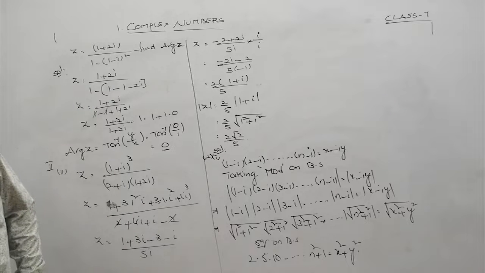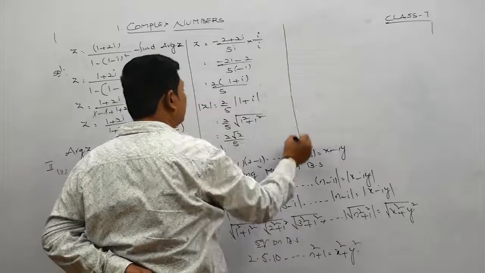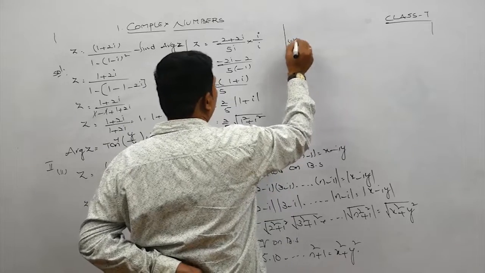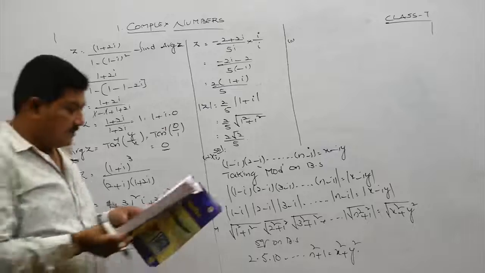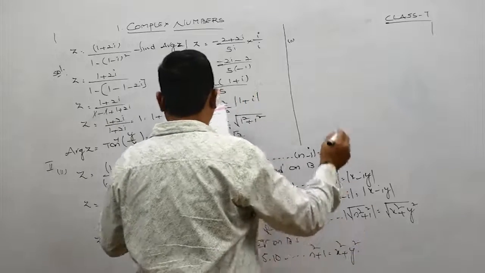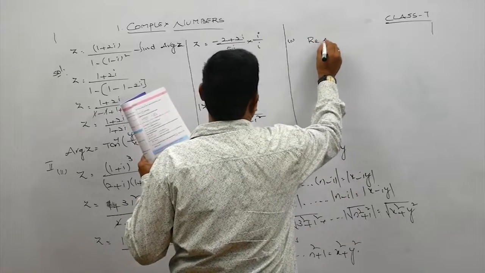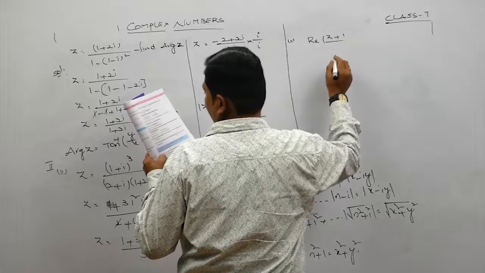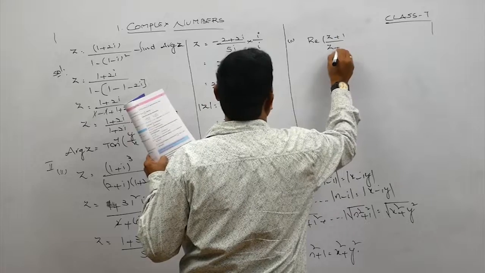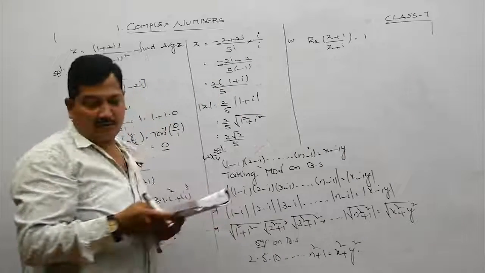Next, question number 2. If the real part of (z plus 1) by (z plus i) is 1, then find the locus of z.